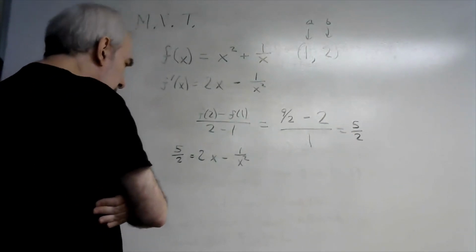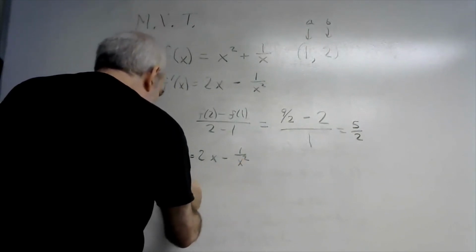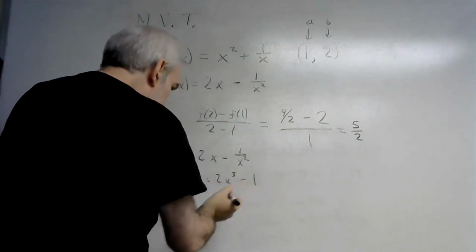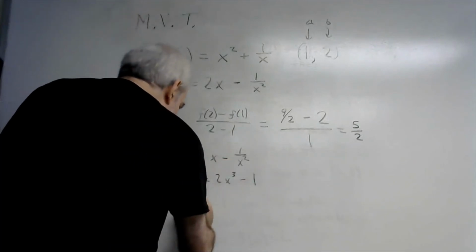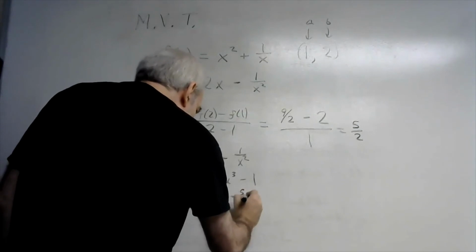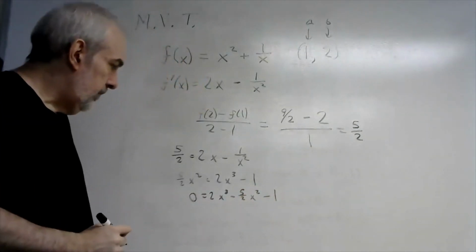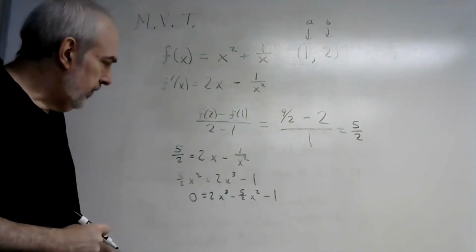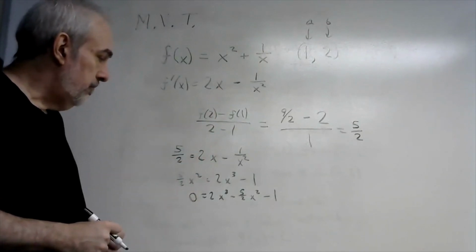Okay, how can I do that? Well, let's first multiply both sides by x squared. So we get this polynomial. Let's get everything onto one side. So I'd have 2x cubed minus 5 halves x squared minus 1 equals 0. Okay, so how can I prove that this is true for some value between 1 and 2?